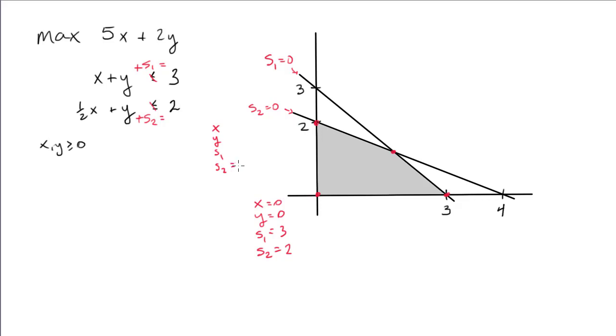And at every vertex, I'm picking 2 variables to solve for. So I have 2 non-zero variables and 2 free variables, and the free variables are 0 at the vertices.